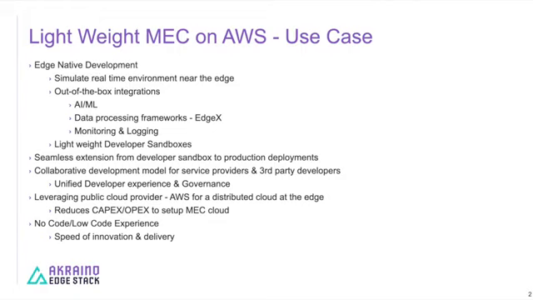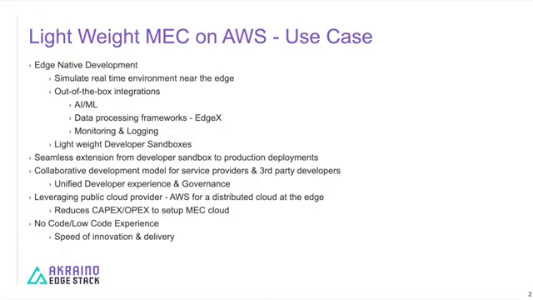While we do that, it doesn't stop with providing a developer sandbox. They should be able to extend that to production environments. So we also look at the technologies that can enable us to scale these environments and offer high availability. We are looking at a collaborative development model across service providers and third-party developers.